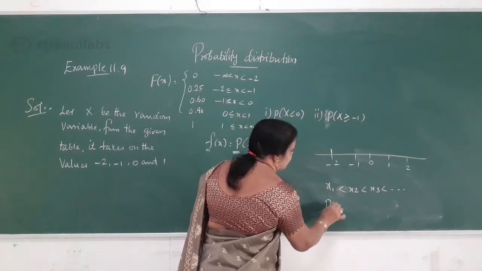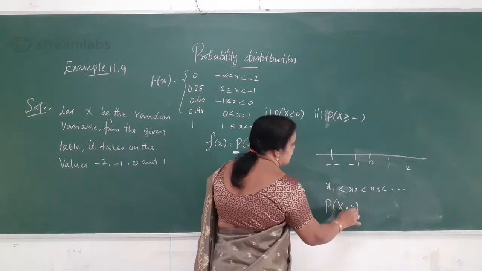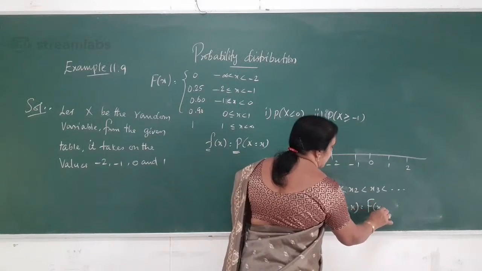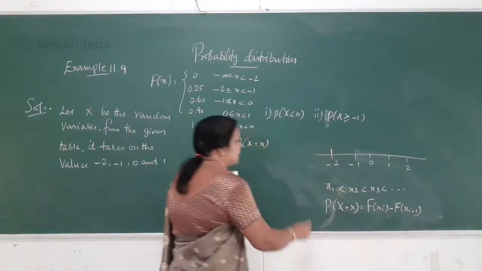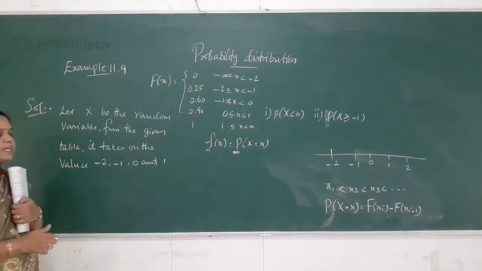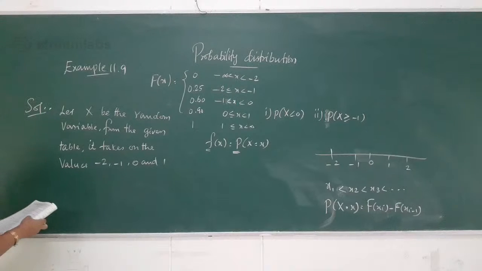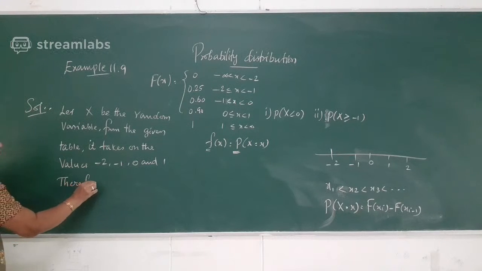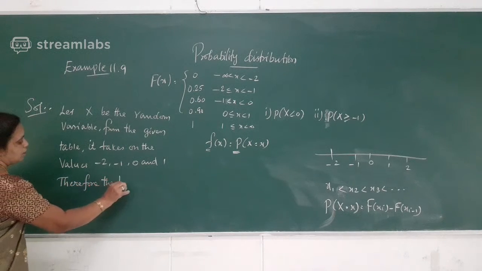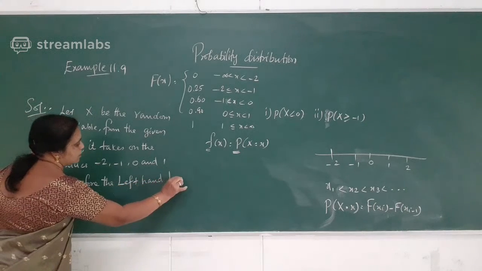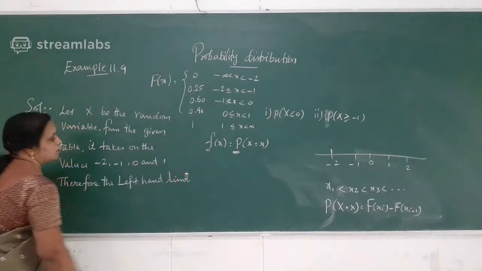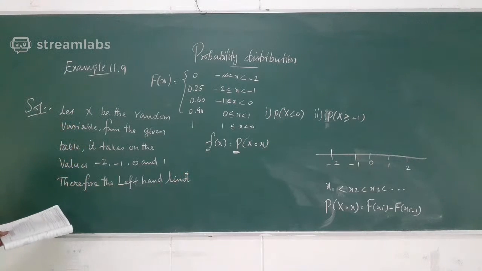That time only we can use this formula, P of X equal to xi is F of xi minus F of xi minus 1. But here we are taking the left hand side, that is F of minus 2. We have to take the left hand limit at minus 2.